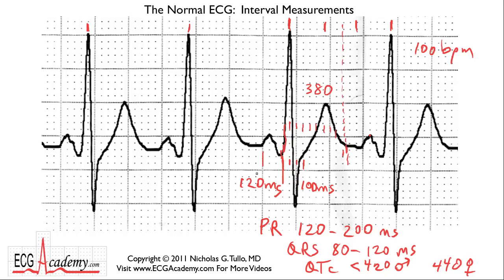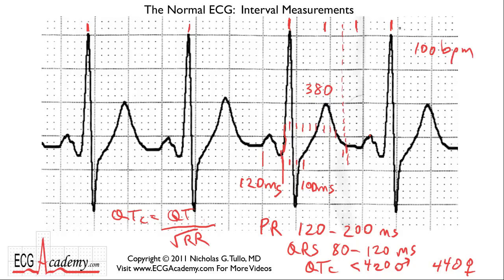So now let's plug it into our formula. It's actually called Bazett's formula. So the QTc is equal to the QT times 1 over the square root of the R to R in seconds. If you want to do it a different way, you can rewrite it as simply the QT over the square root of the R to R interval.